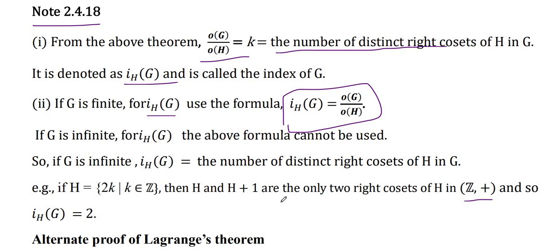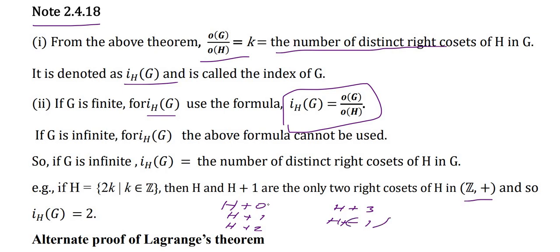There are only two, because here addition is the operation, and for each and every element you can consider the right coset. This is one right coset, this is another, H plus 3, H minus 1, all these are right cosets.